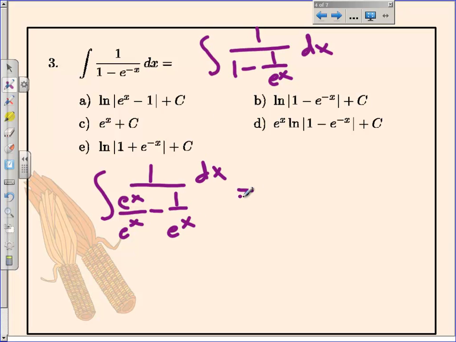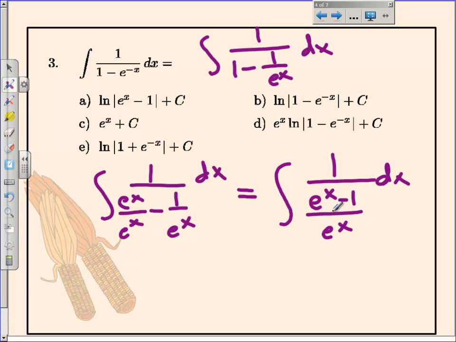and I'm going to subtract. So this is the integral of 1 over e to the x minus 1 over e to the x. And I have a complex fraction, so we know we can take this bottom number, flip it over, and multiply. So this will be the integral of e to the x over e to the x minus 1. Now, I did all of that algebra, and now I have a prettier integral because this is u prime over u.